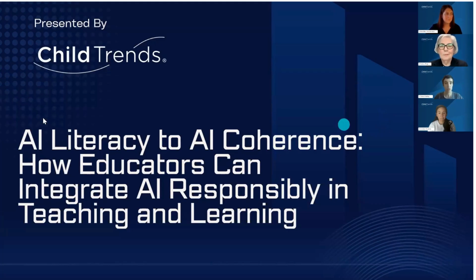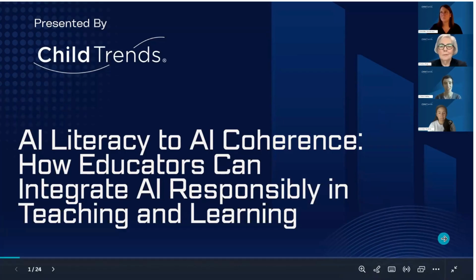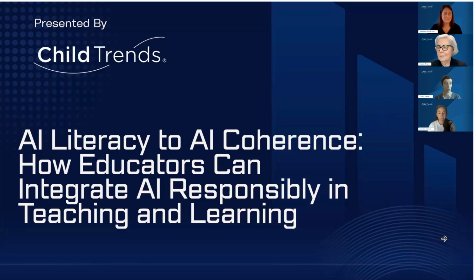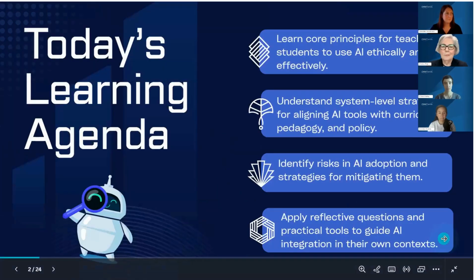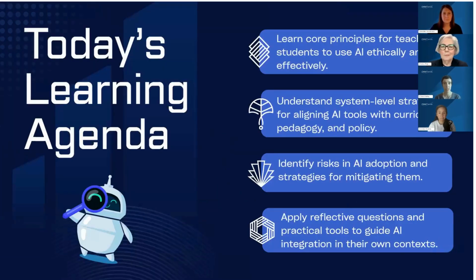You're here, as you hopefully know by this point, for our webinar, AI Literacy to AI Coherence: How Educators Can Integrate AI Responsibly in Teaching and Learning. We hope by the end of today's session, you'll know some of the core principles for teaching students to use AI both ethically and effectively, as well as understanding some system-level strategies to align AI tools with curriculum, pedagogy, and policy.